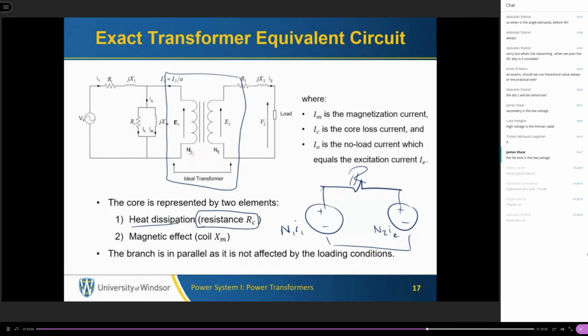So here we have the transformer action, assuming no losses, no leakage flux, and so on. And here, as you can see, E1 and E2 are related to each other by the turns ratio, N1 to N2. The rest of the parameters are added to the circuit in order to have a realistic representation for V1 and V2, the terminal voltages, not the induced voltages or the internal voltages that are inside the transformer itself.